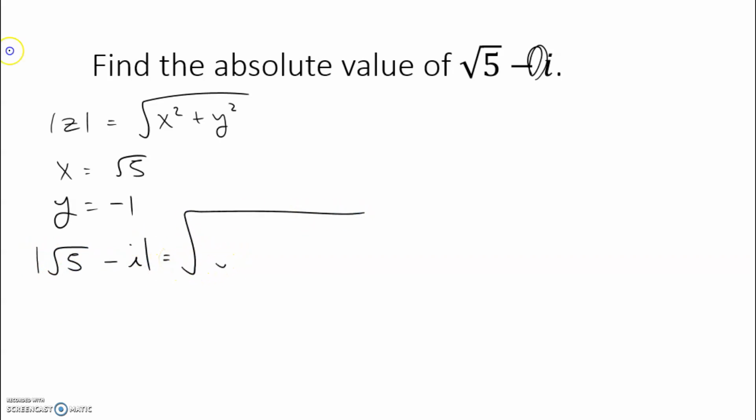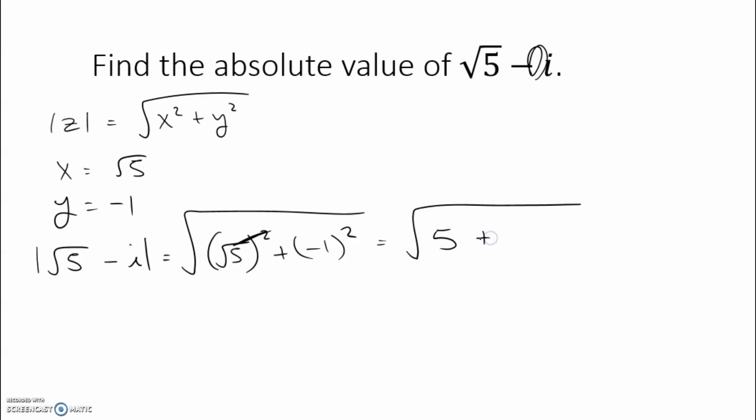the square root of the square root of 5, that thing squared, plus negative 1 squared, which, if you square a square root, these cancel out and you're just left with 5, plus negative 1 times a negative 1, that would just give us 1.